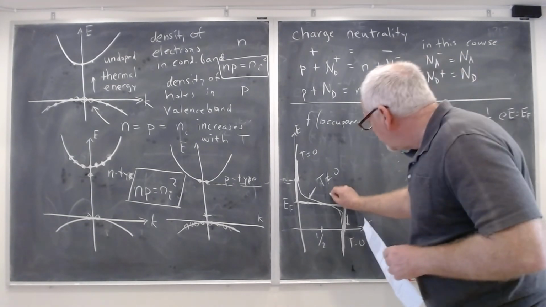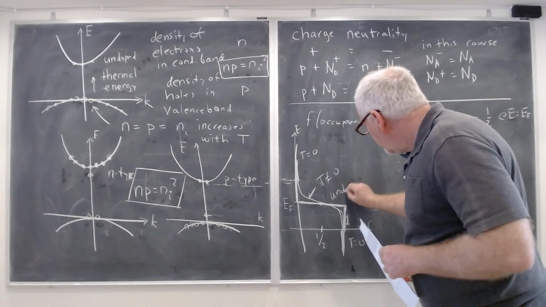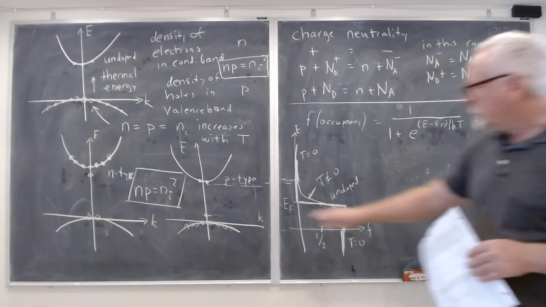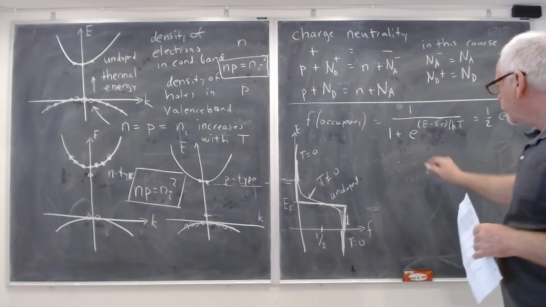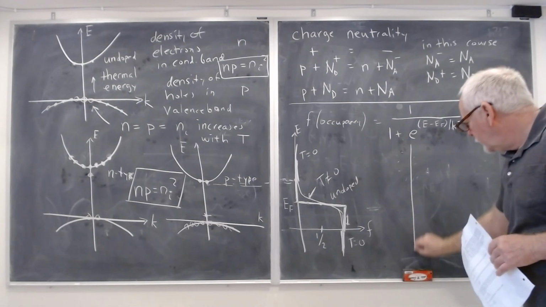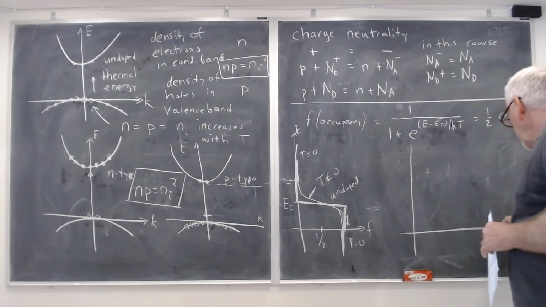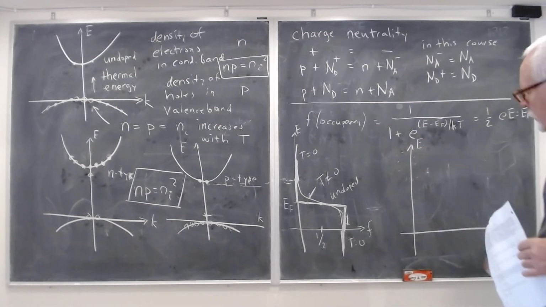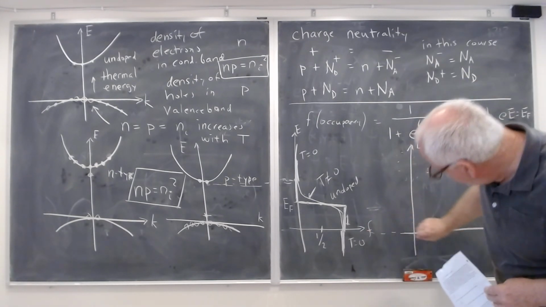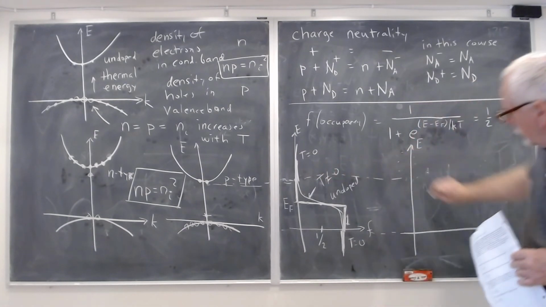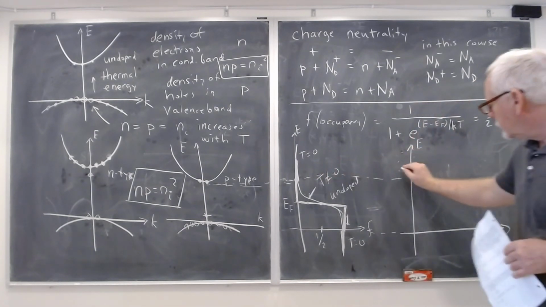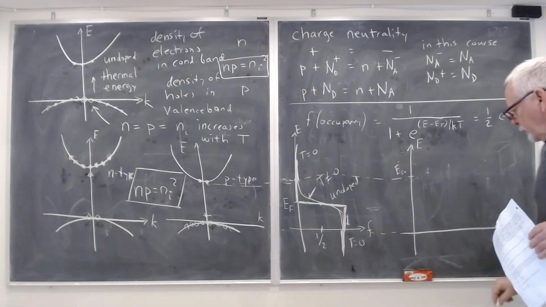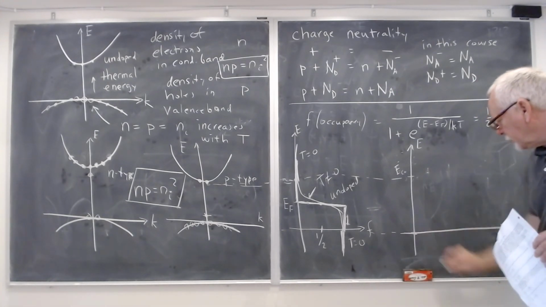So this would be undoped. Now let's use the actual p-type. So I'm using the same scale where this is the bottom of the conduction band and this is the top of the valence band.